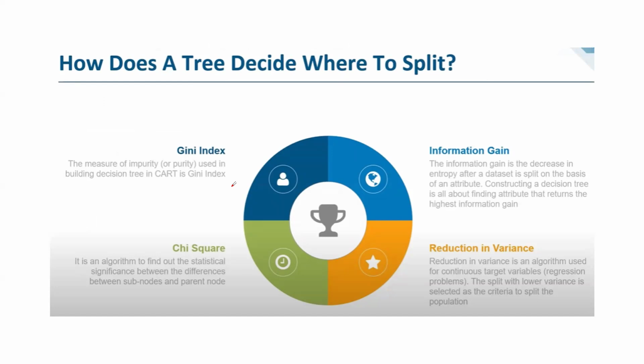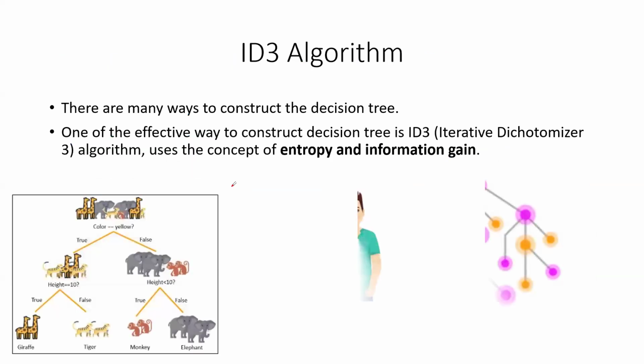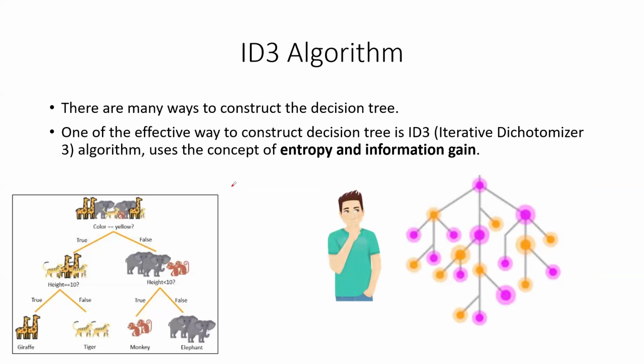How are we going to select the root node? The best node can be selected based on Gini index or information gain. There are various ways, and information gain is helpful here to select the best or root node.